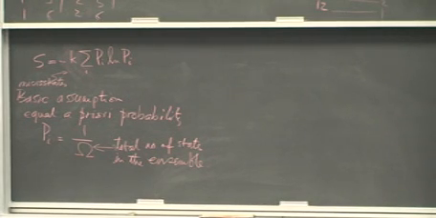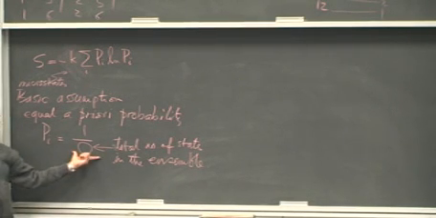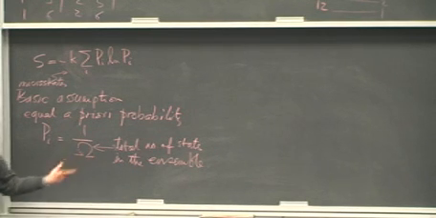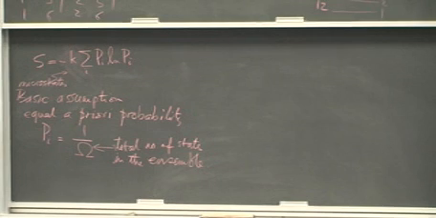Total number of ways in which you can microscopically describe the system. Because all of them have equal probability, the probability will be equal to 1 over the total number of possible states.